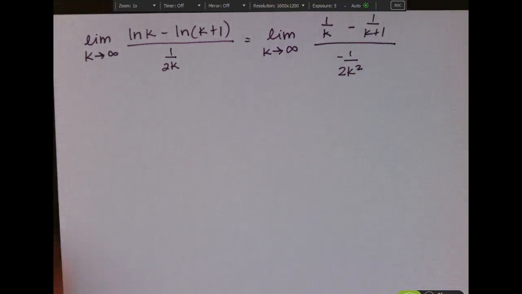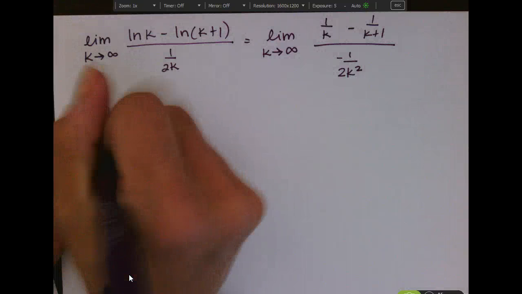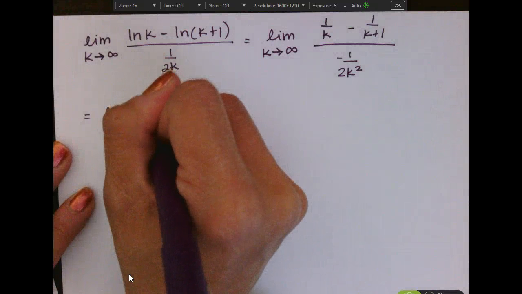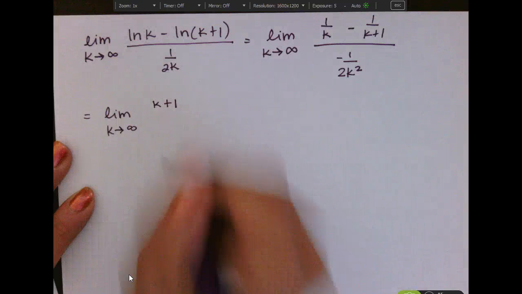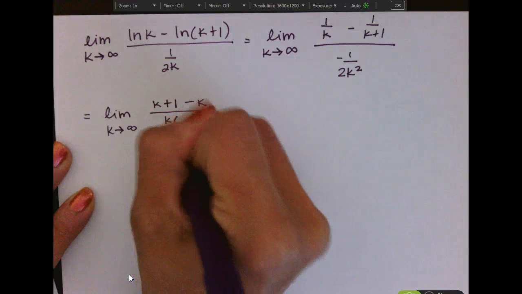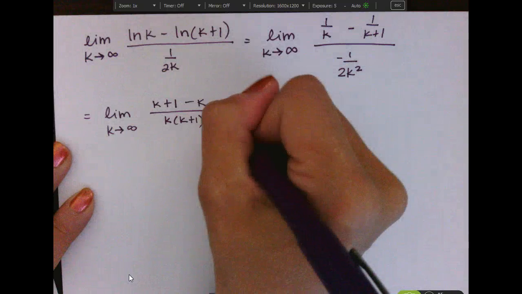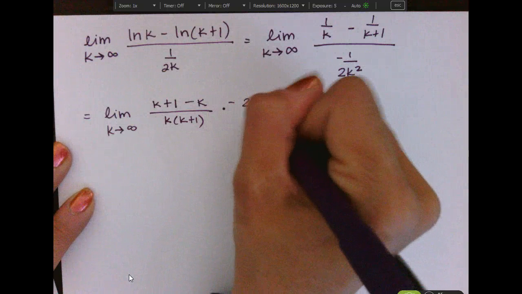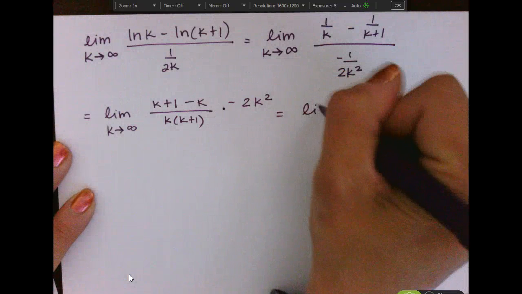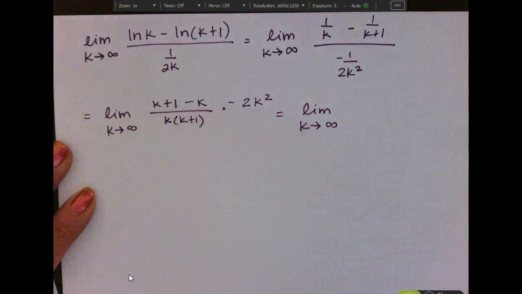Let's clean this up. Let's get a common denominator in the numerator. So a common denominator is going to be k times k plus 1. That'll give me k plus 1 minus k over that common denominator. And then instead of dividing by this fraction, let's multiply by the reciprocal. You can see that the k's cancel, k and negative k, so that gives me positive 1.